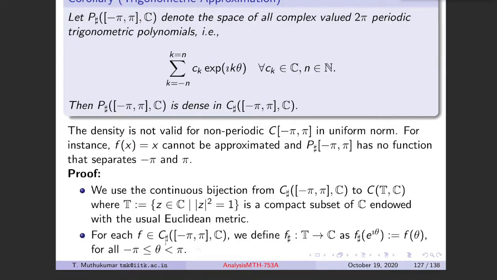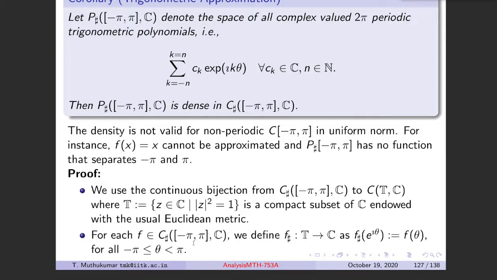For each f in this, you can associate a continuous function on the unit circle by defining it like this: you define f star on the unit circle, because any element on the unit circle is e^{i theta}. So f star of e^{i theta} is f of theta.